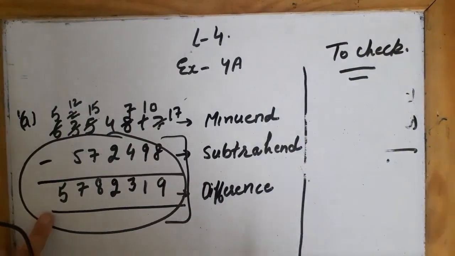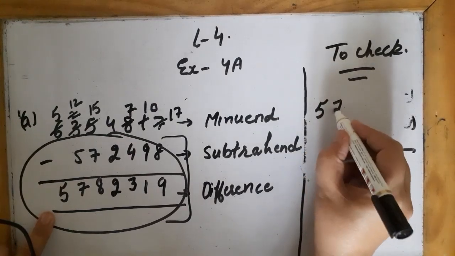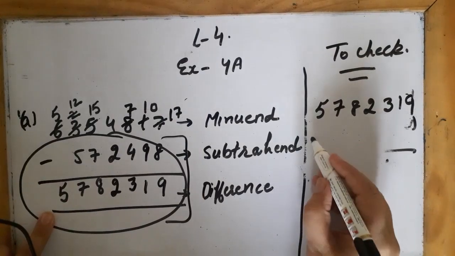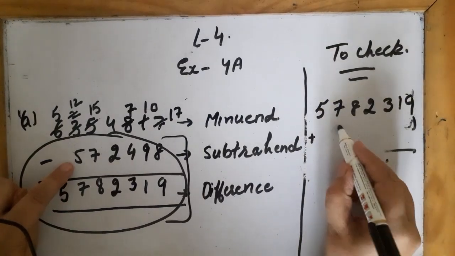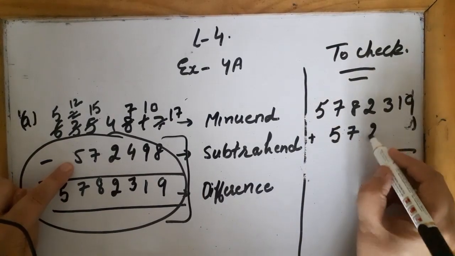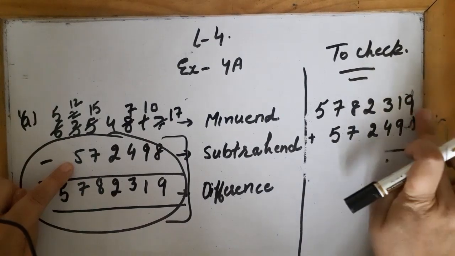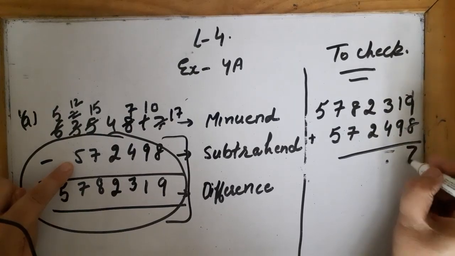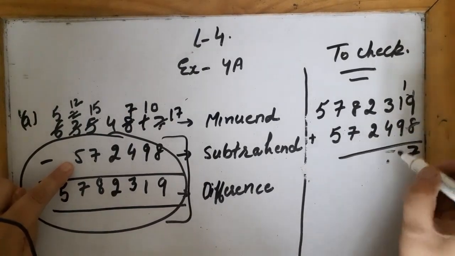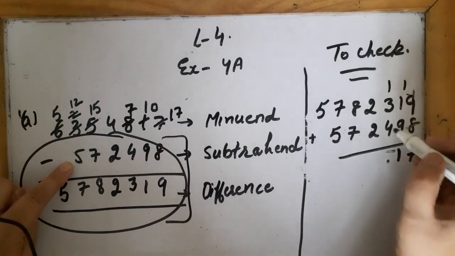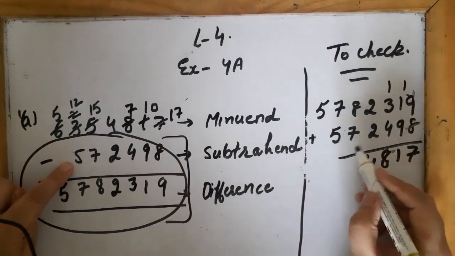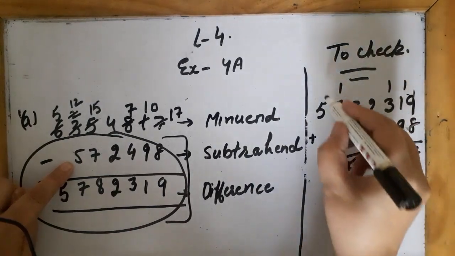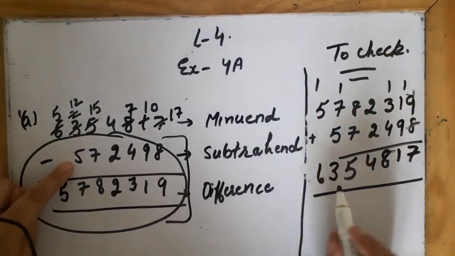To check, I will take this number 5782319 and to this I will add the smaller number, the subtrahend, 2498. So 9 and 8 is 17, 9, 10 and 11, 4 and 4, 8, 4 and this is 15, 8 and 5, 13 and 6.